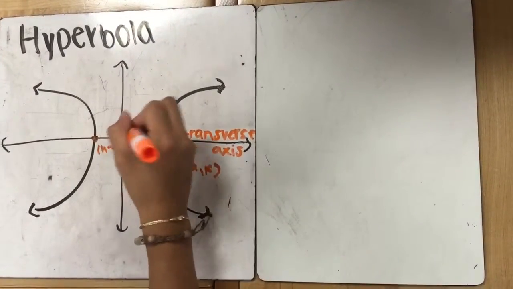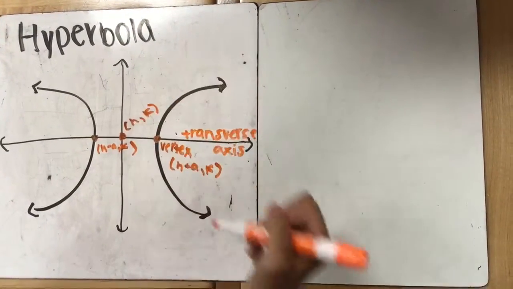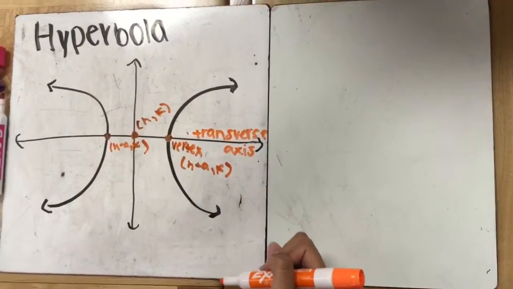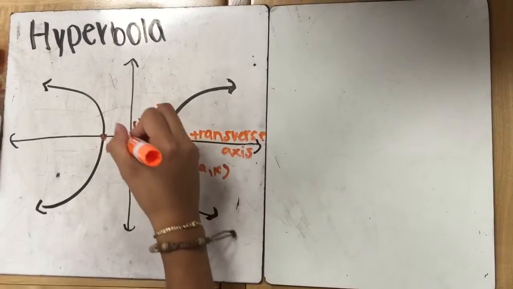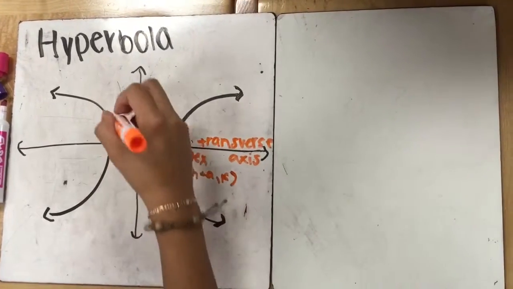And this is our center, as always, h, k. From our center to the vertex, this is known as A.